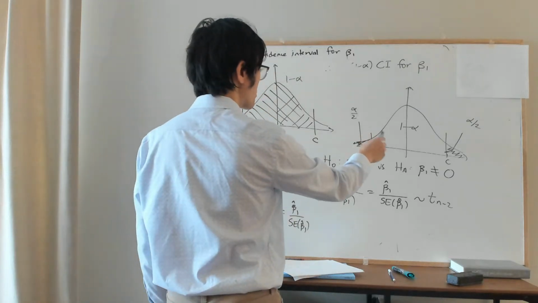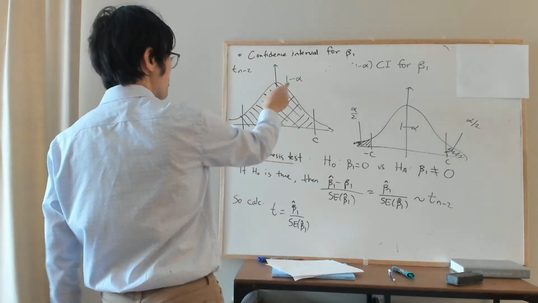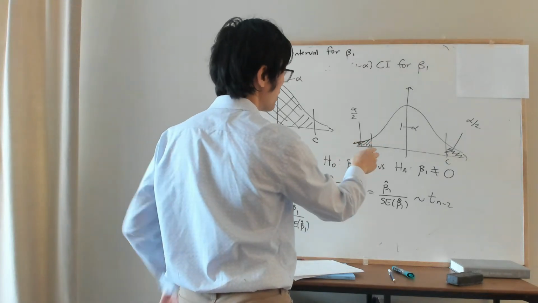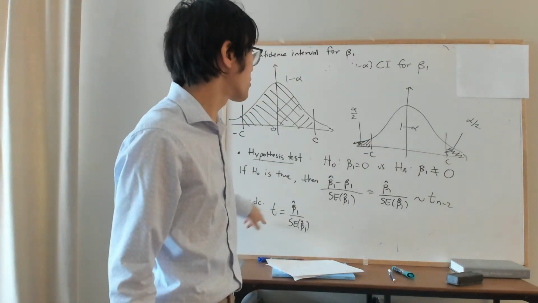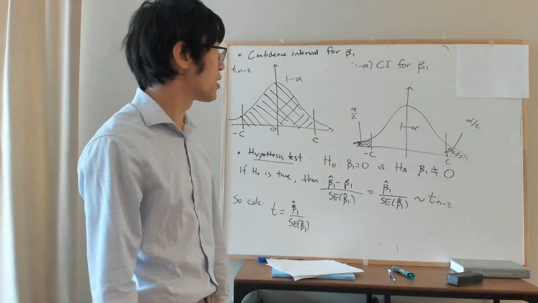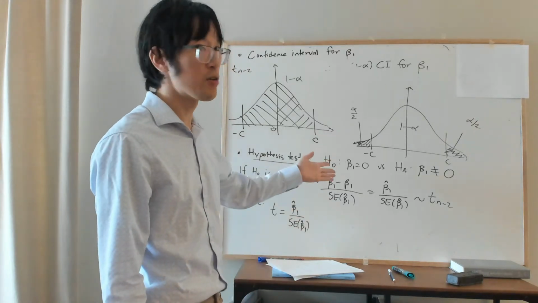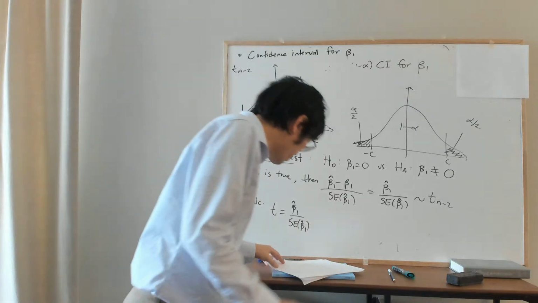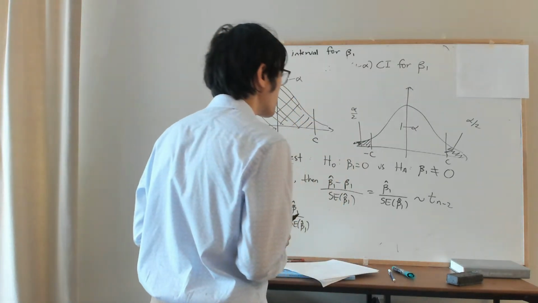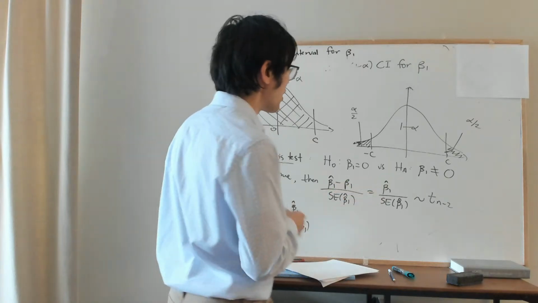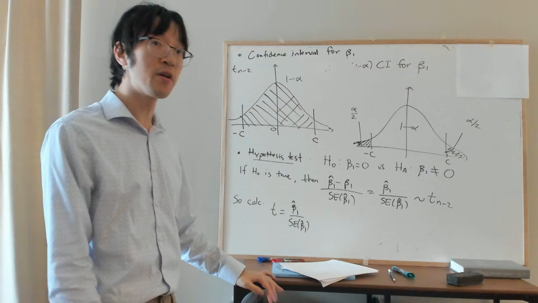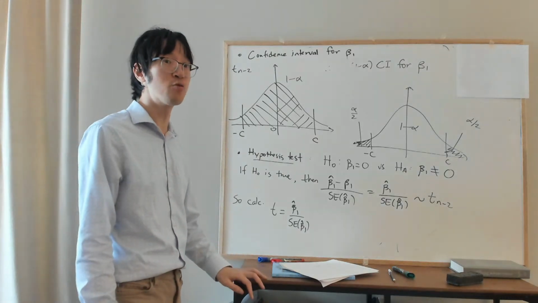So this picture gives the flip side of the confidence interval, where we look in the middle, while in the hypothesis test we reject when the value of t falls in the tails, because that gives us evidence that this t distribution is not consistent with the data. The data gives us evidence against a hypothesis or for a hypothesis, but it doesn't tell us directly whether that hypothesis is true or not.